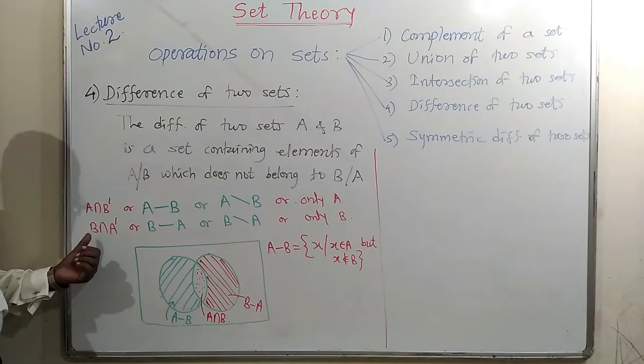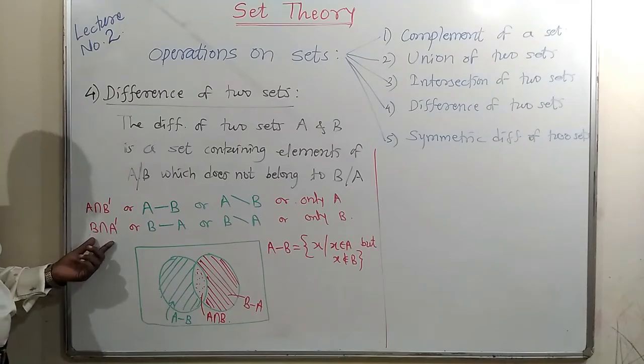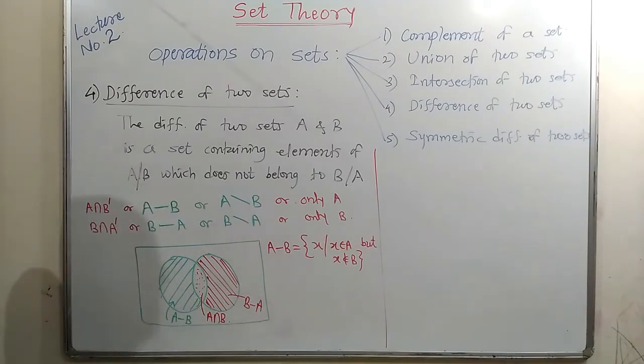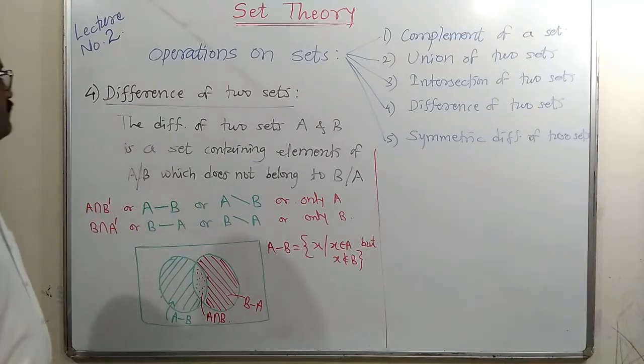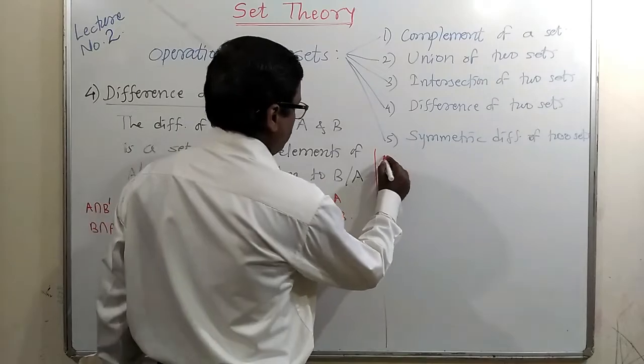Means these are the elements from B but not from A. Okay, so there are different ways to represent the set difference of two sets. Let us see the properties of difference of two sets.